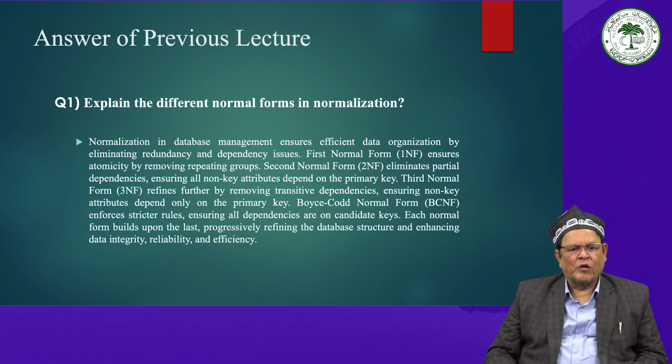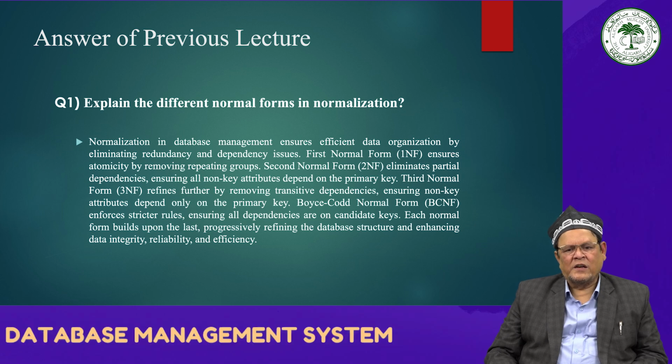Boyce-Codd normal form enforces strict rules, ensuring all dependencies are on the candidate key. Each normal form builds upon the last, progressively refining the database structure and enhancing data integrity, reliability, and efficiency.